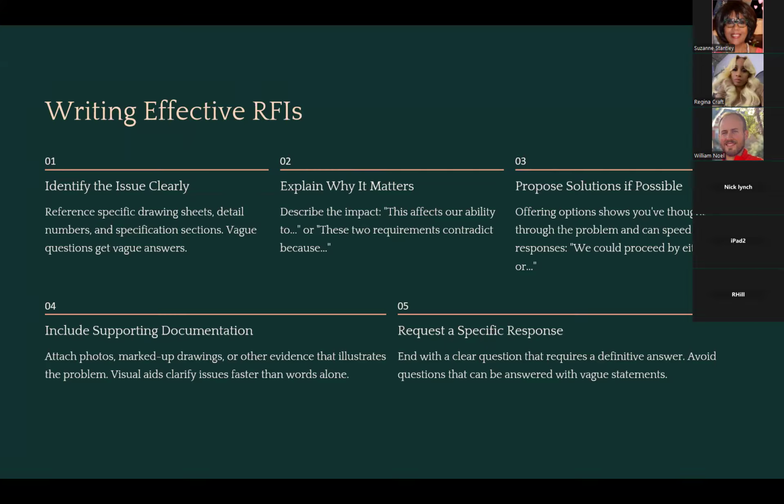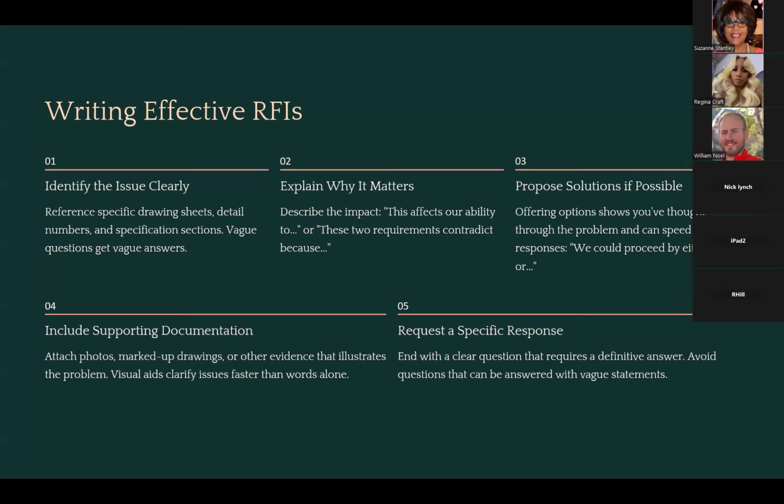And if you do that, that gives the architect and engineer a very easy way to just say, "Yes, I approve of that." Because if you leave it very open-ended, you don't know how long it's going to take to get a response. And if it's a time-sensitive thing that may delay your schedule or your ability to proceed with work, you're going to get a much quicker answer if you propose a solution or multiple solutions that the architect and engineer can just rubber stamp, as opposed to having to come up with something on their own.